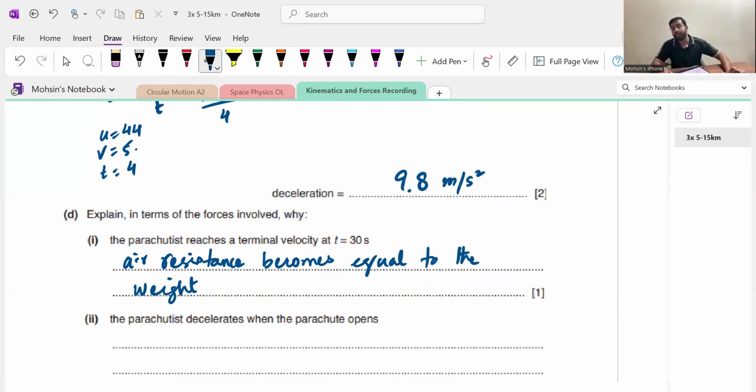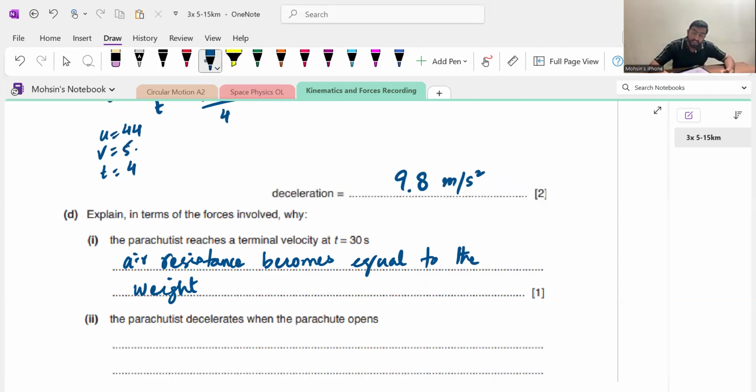The parachutist decelerates when the parachute opens. They're asking why. Okay, the parachutist was moving with the uniform speed, terminal velocity. Now, when he opens the parachute, he suddenly gets a drop in the velocity. He decelerates. So why is he decelerating? When we open the parachute, the surface area of the parachute creates a greater air resistance on the parachutist.